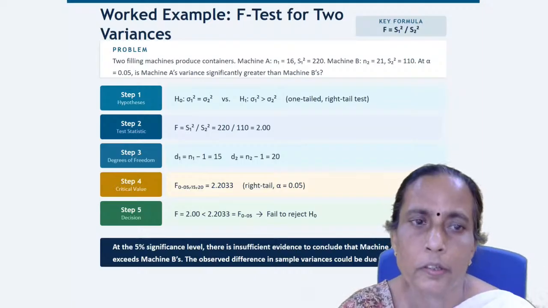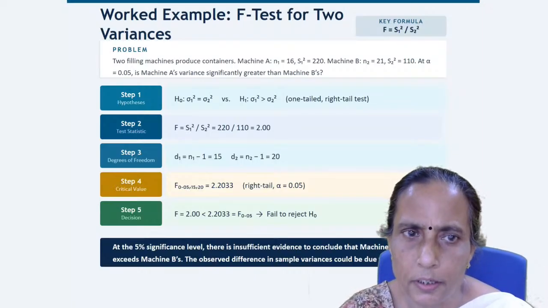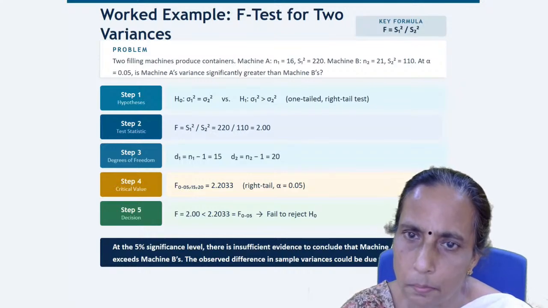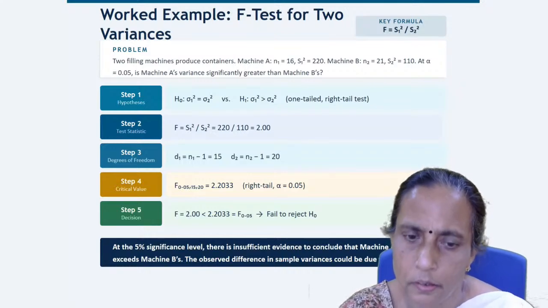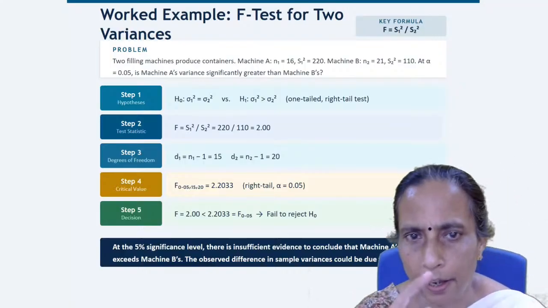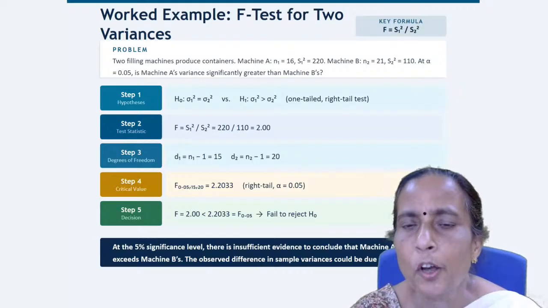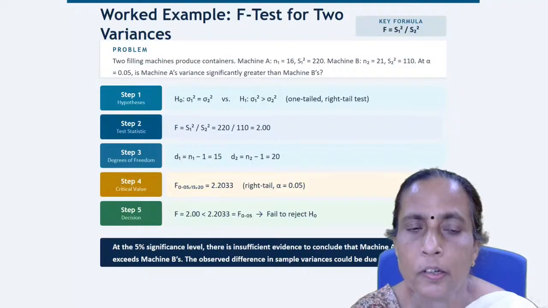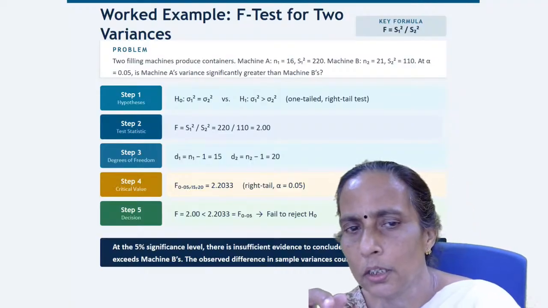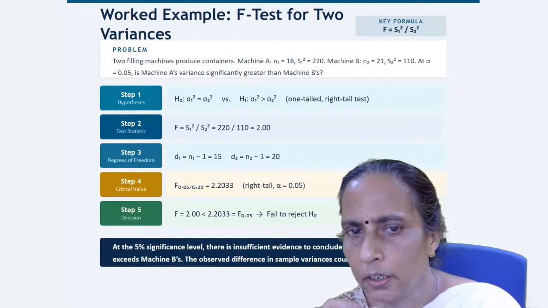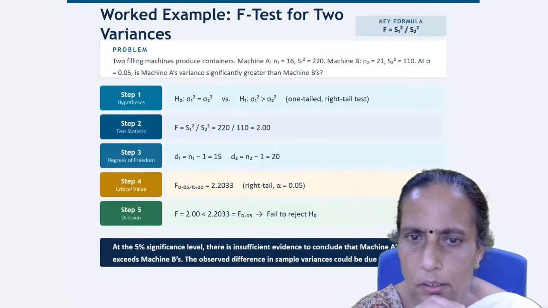So at 5% level of significance, is machine A's variance significantly greater than machine B's variance? We have to decide whether machine A's variance is significantly greater. Okay. So our hypothesis is sigma 1 square equal to sigma 2 square versus sigma 1 square greater than sigma 2 square.